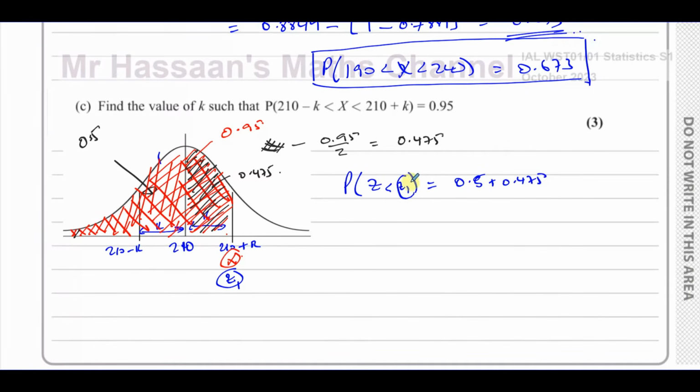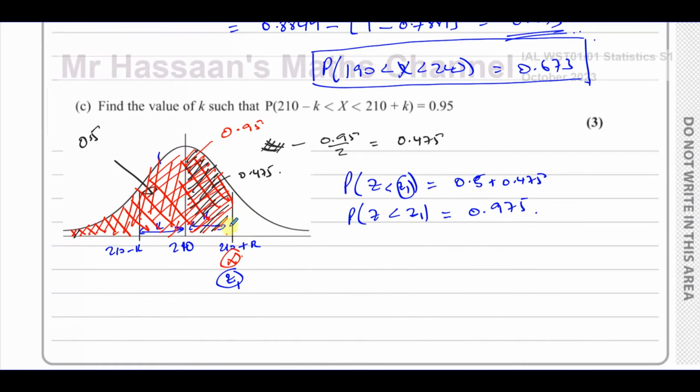I want to find this z1. So the probability that z is less than z1 is equal to 0.975. Now 0.975 is kind of an exact type of value, one we could maybe use a small table for.